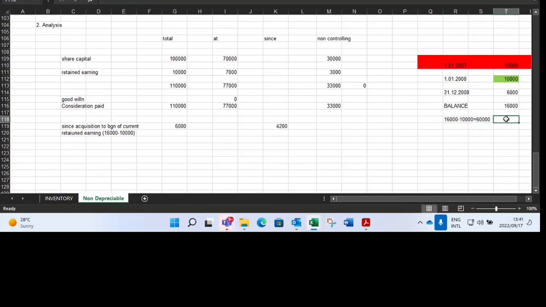Then okay, then we had the unrealized profit of 10,000.